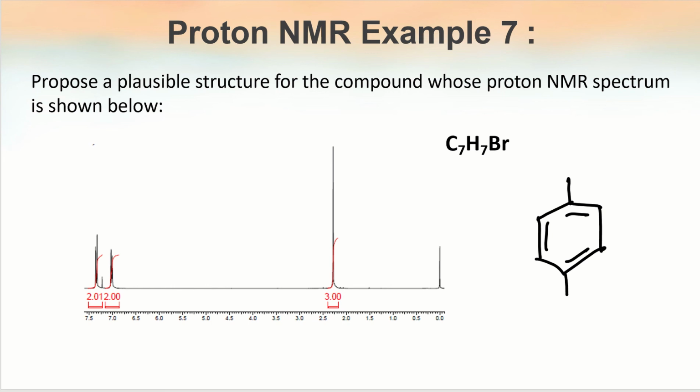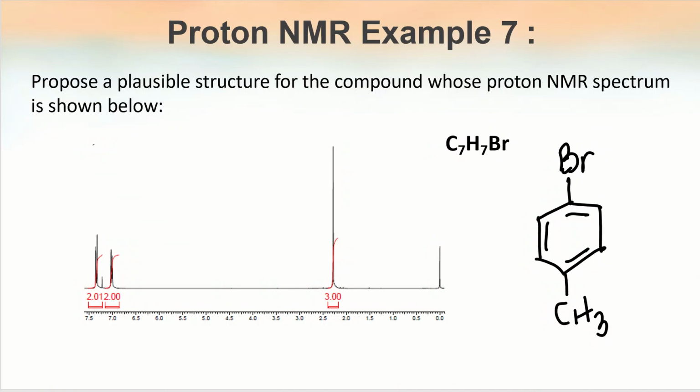So I'm just going to go ahead and draw something. So we have a bromine for sure, and based on the fact that it looks like a CH3 in the almost 2.5 region, I'm just going to go ahead and draw something, right?